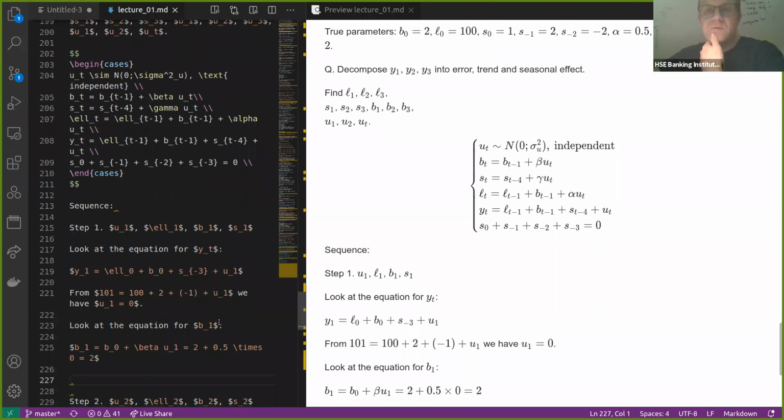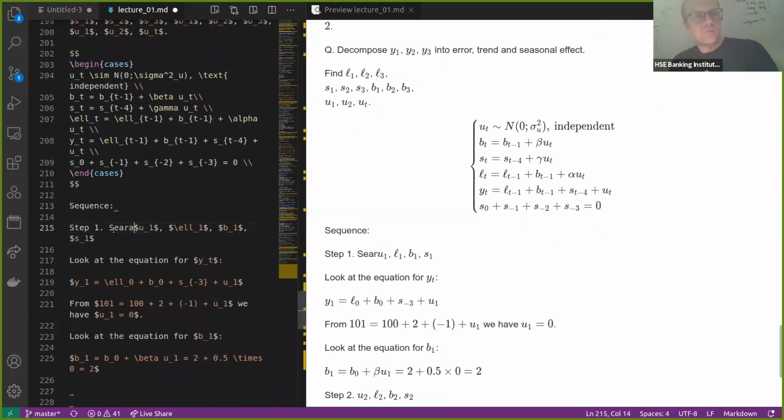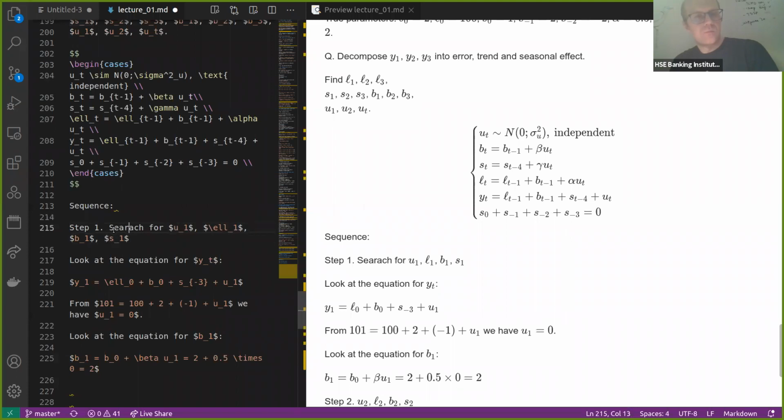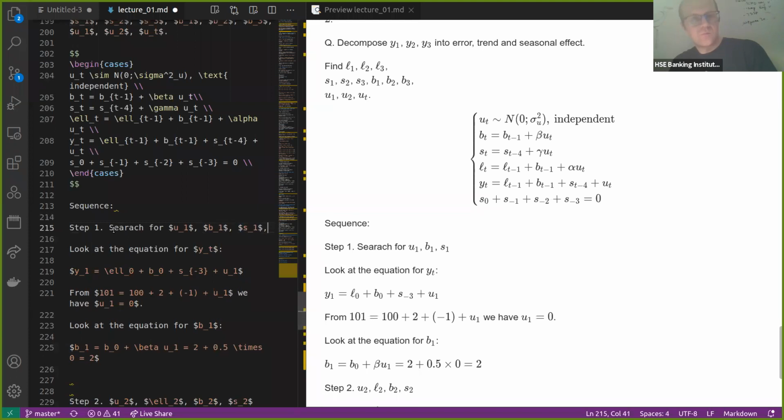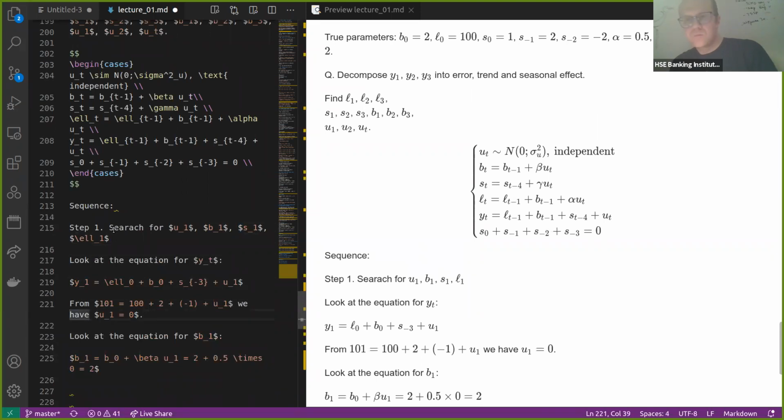From which equation can we find, let's say, S1 or L1? It's a question to you.